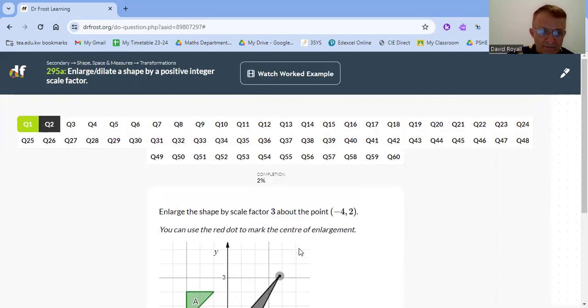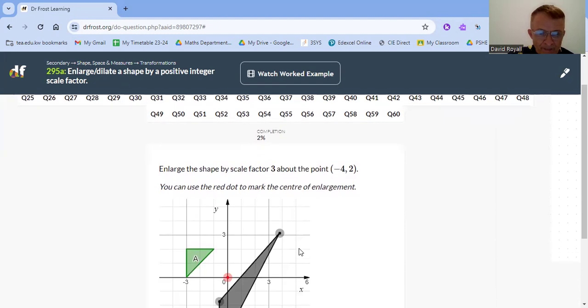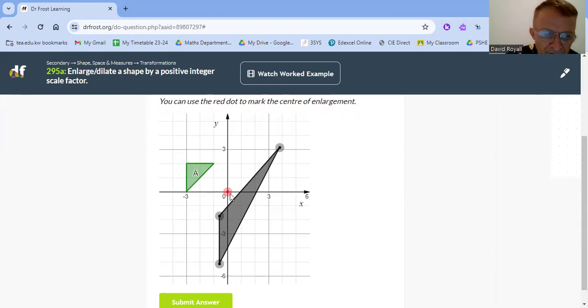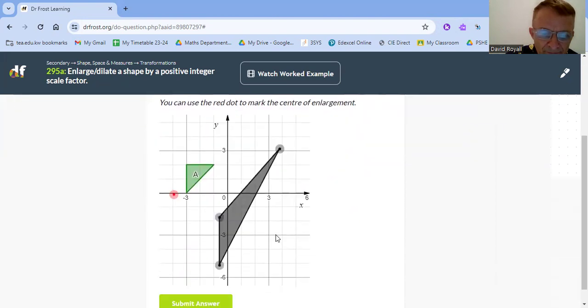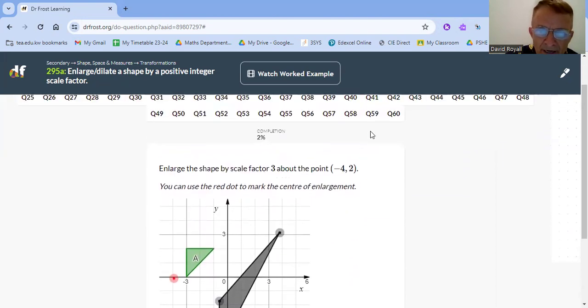Now this one's a little bit more fun. It says enlarge the shape by a scale factor 3 about the point -4, 2. So the first thing I'm going to do is move this little dot to -4, which is here. -4 is left, and 2, because it's positive, is up 2.